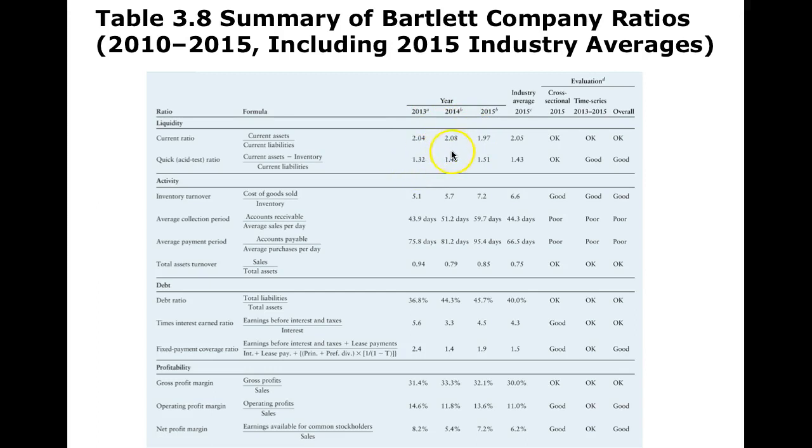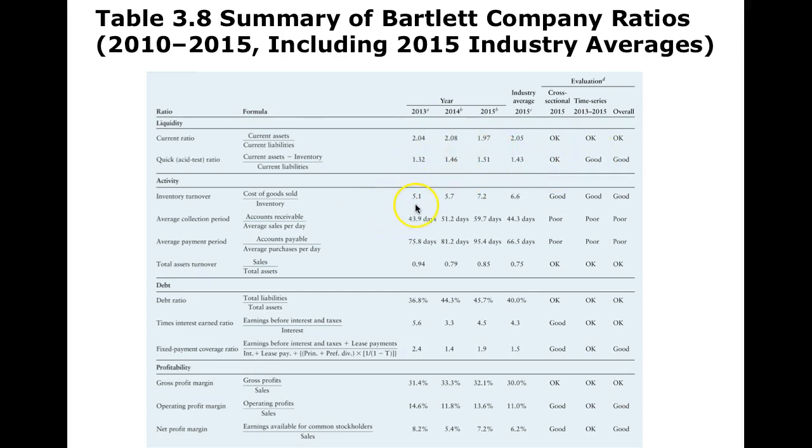However, our quick ratio improved every year, which is good. If we just look at the current ratio, it's okay, but because we take out the inventory, we see that we are making an improvement every year, and we're above the industry average, we're good. So we look at the cross-sectional and the time series. The cross-sectional would be us against the industry, and time series would be how we're doing through time.